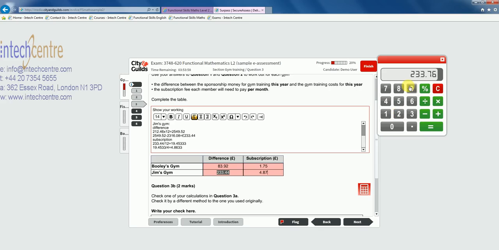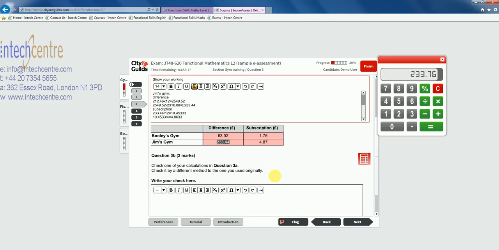So it's £233.76. So this covers the basis. Even though it's higher than this, if we did 486, it would be lower than this value. But if we did 487 that each team member pays, then it will be more than this value. So it's not an exact amount.